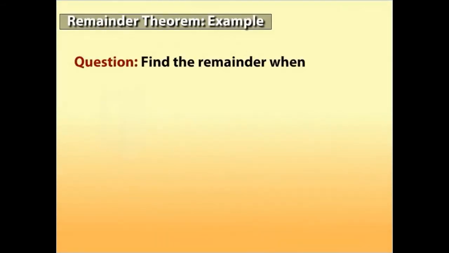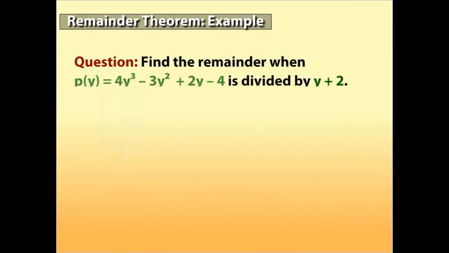Consider another example to find the remainder when p of y equal to 4 into y cube minus 3 into y square plus 2y minus 4 is divided by y plus 2.